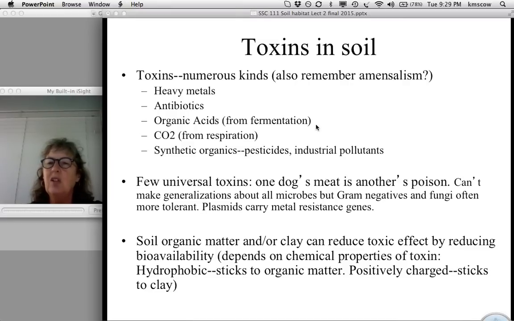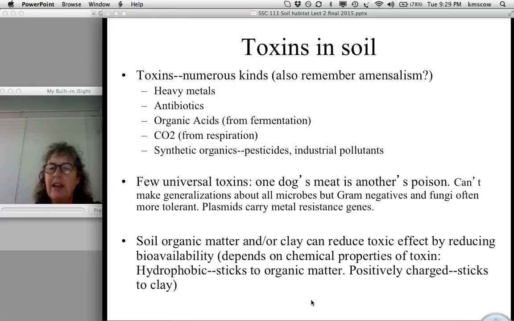And also CO2. If CO2 can't diffuse away when it's made and it stays localized and gets to a pretty high concentration, it can also be toxic to microbes. And then there are all these wonderful things that we humans have made, these strange new molecules in pesticides and industrial pollutants, some of which are toxic to some microbes, and others, as I said, will be used by them as substrates, and that's what biodegradation is, using those.